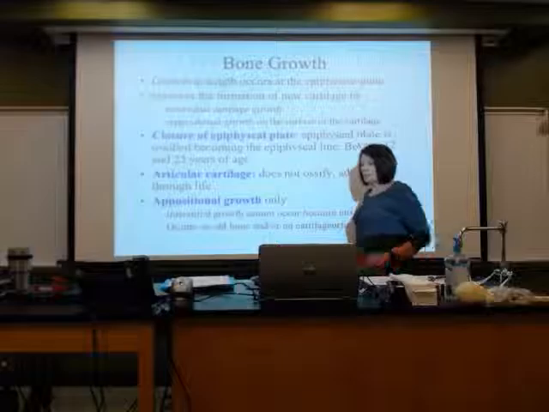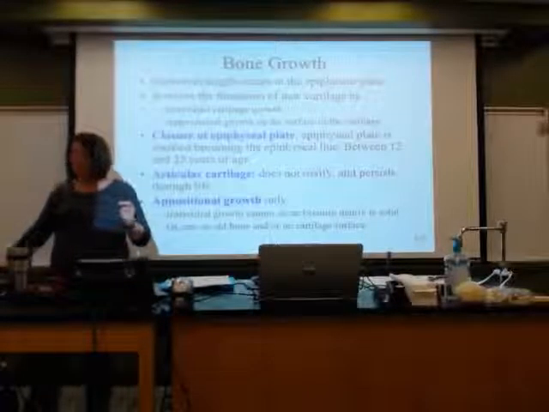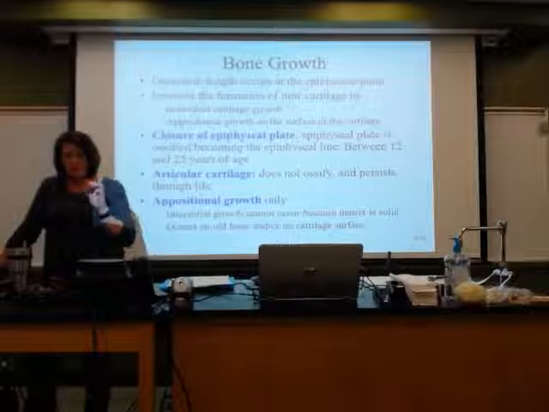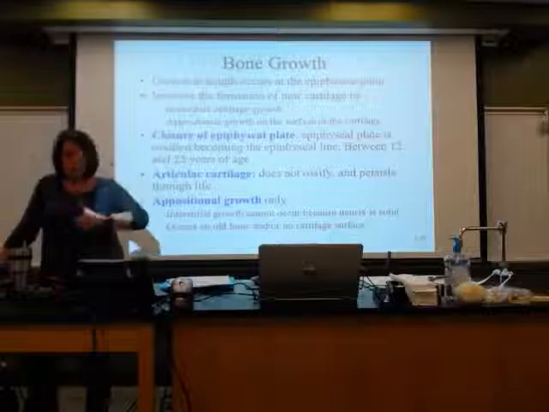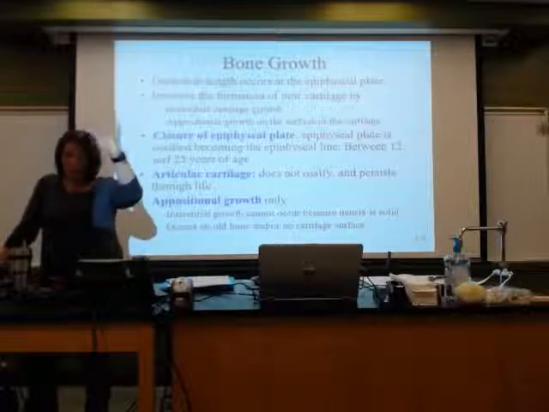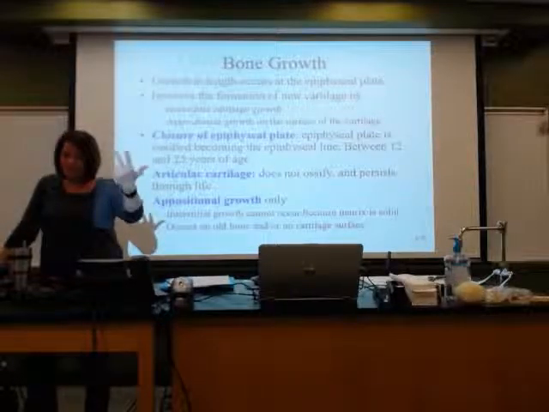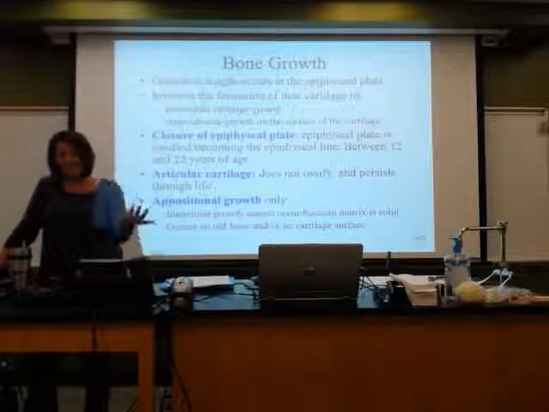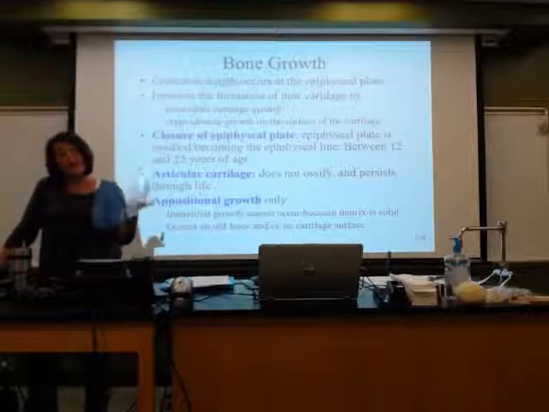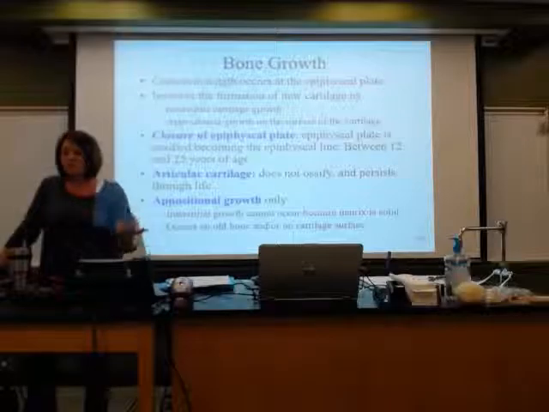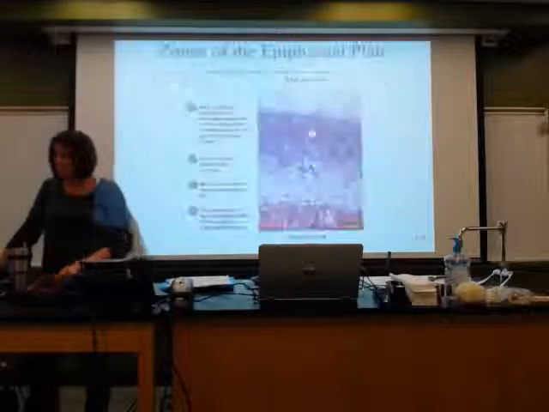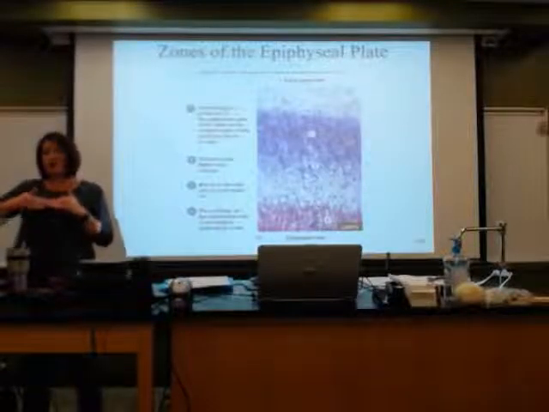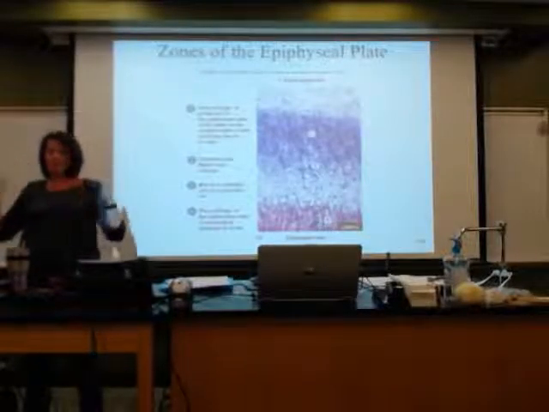Once again, the cells that are going to be present are those osteochondral progenitor cells, osteoblasts, osteocytes, osteoclasts, chondroblasts, chondrocytes. They help us do this. They help the bone grow not only in height, but in width.